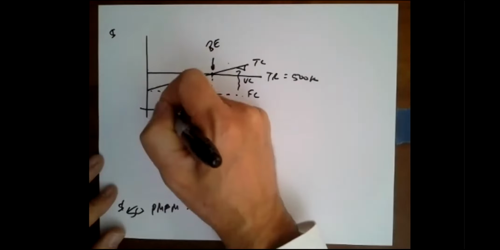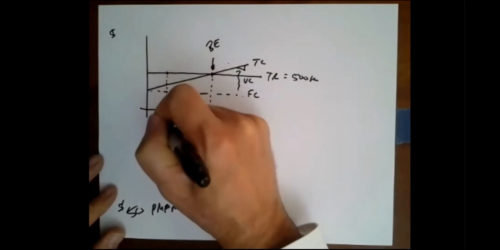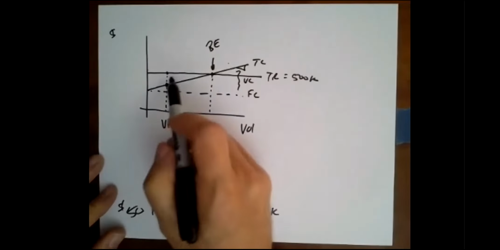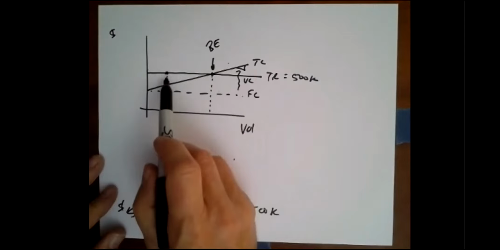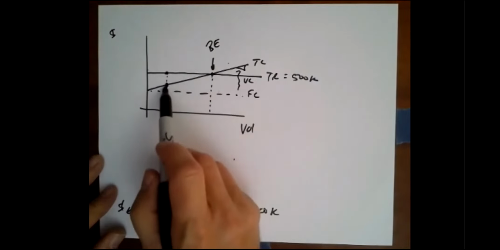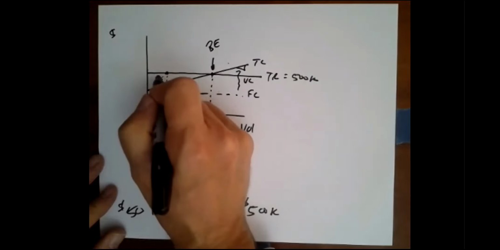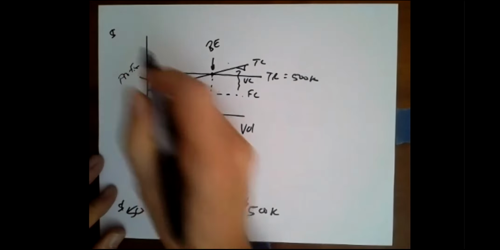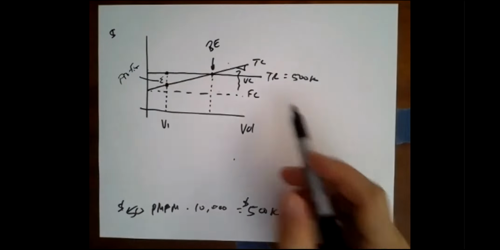So over here at volume 1, I have a profit because my total revenue at volume 1 is above my total cost. So here profit is the gap between total revenue and total cost.